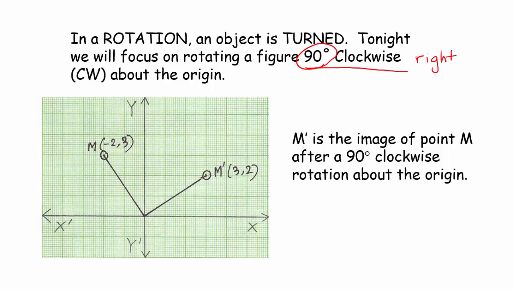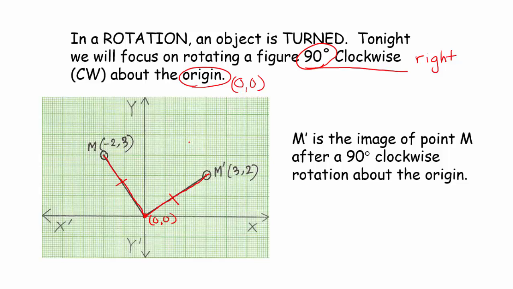Where do we get that terminology clockwise about the origin? Well, you know the origin is point 0, 0. And right down here on our coordinate grid is 0, 0. Notice point M and M prime. If I were to go ahead and connect M to the origin, and then the origin back to M prime, notice the distance from M to the origin and M prime to the origin is the same.